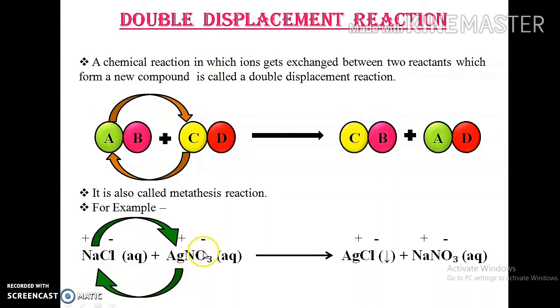It is not like Na taking the place of NO3 and NO3 taking the place of Na. This is wrong. Na positive will take the place of Ag positive and Ag positive will take the place of Na positive, or else Cl, chlorine, can take the place of nitrate and nitrate can take the place of chlorine. Either positive or negative ions can exchange among themselves, and here it forms AgCl, which is a white precipitate, and NaNO3 is the other product.